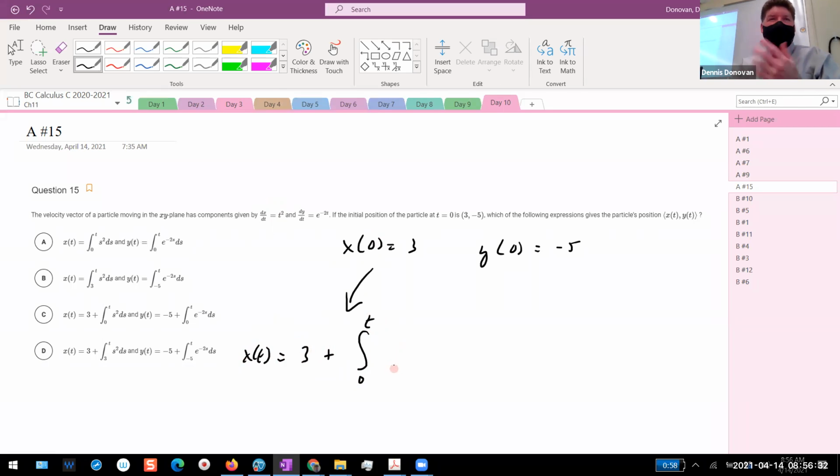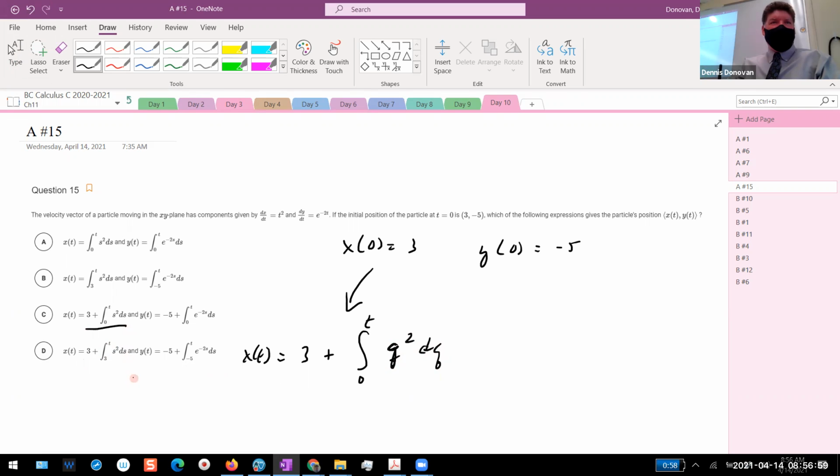I used q, but this is using s, so what's the difference? Doesn't matter. So I'd write q squared dq, and that looks good.